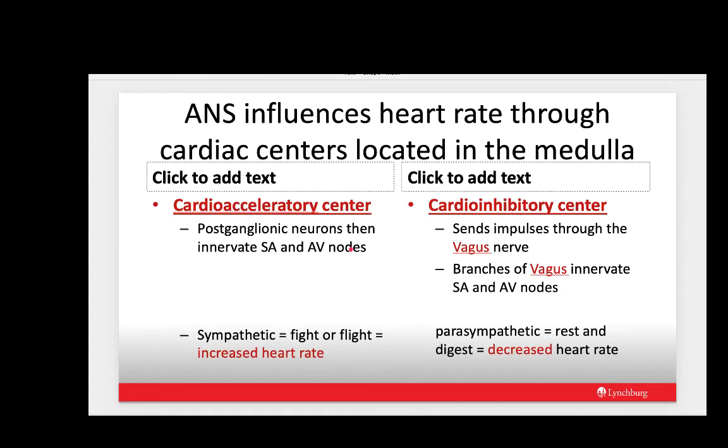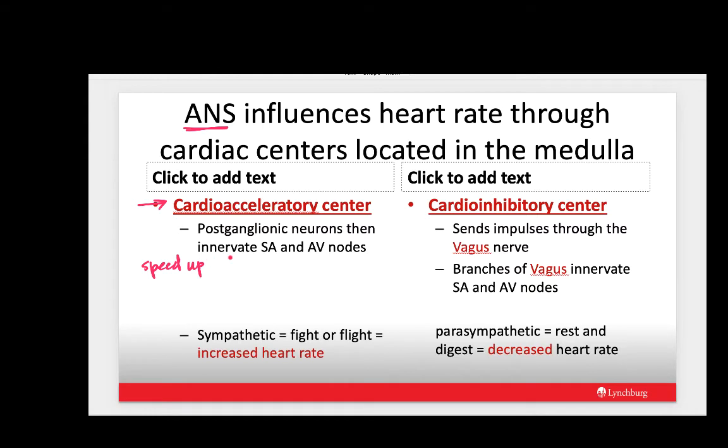So like we said before, we do have the ability to self-depolarize in the heart, but it does have oversight. The autonomic nervous system does have an influence over heart rate when needed through cardiac centers located in the medulla oblongata. We have a cardioacceleratory center. Acceleratory means speed up, right?